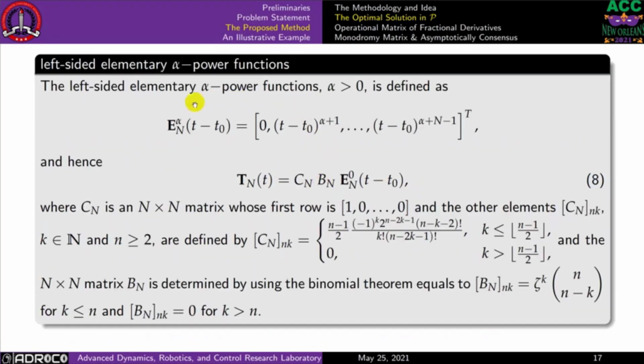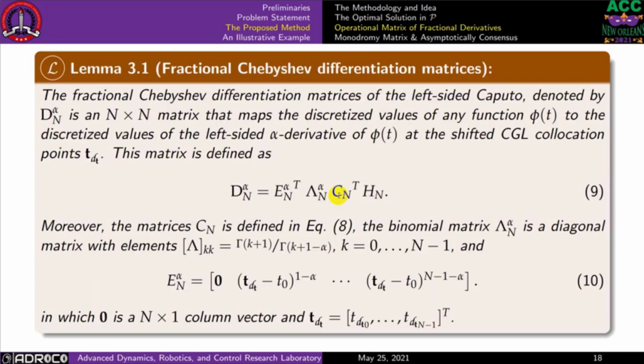And taking advantage of the property that power functions have for fractional derivatives, we can show that the Chebyshev polynomial can be approximated with equation 8, with some coefficients C_n and B_n, regardless of the choice of the function that we are approximating.